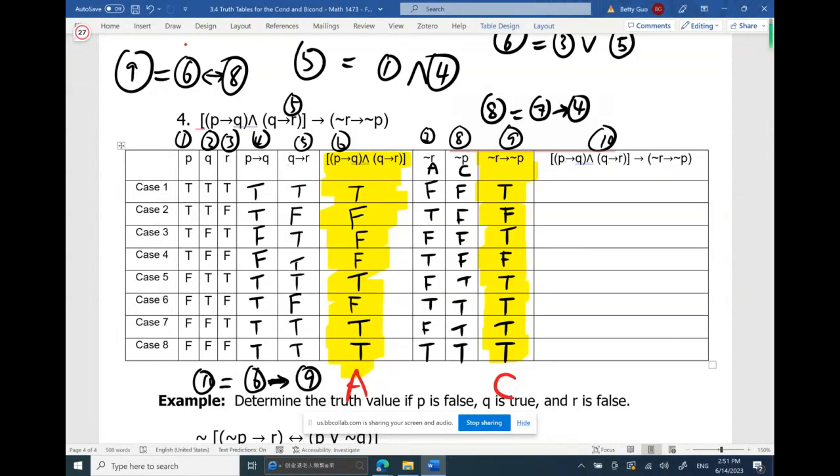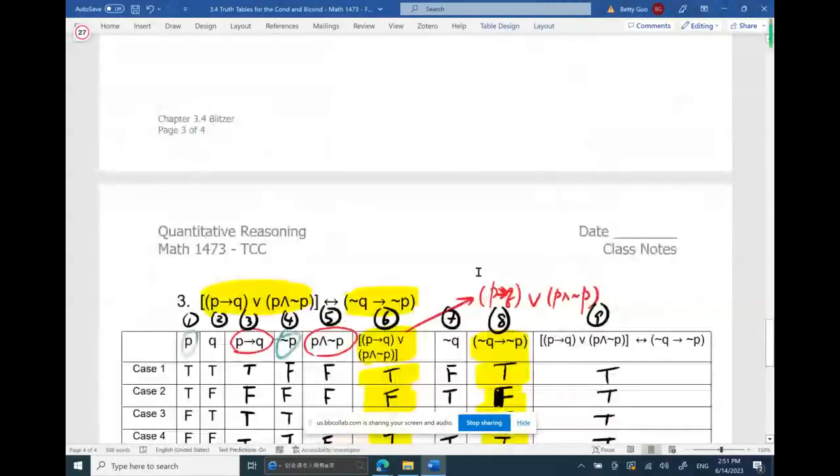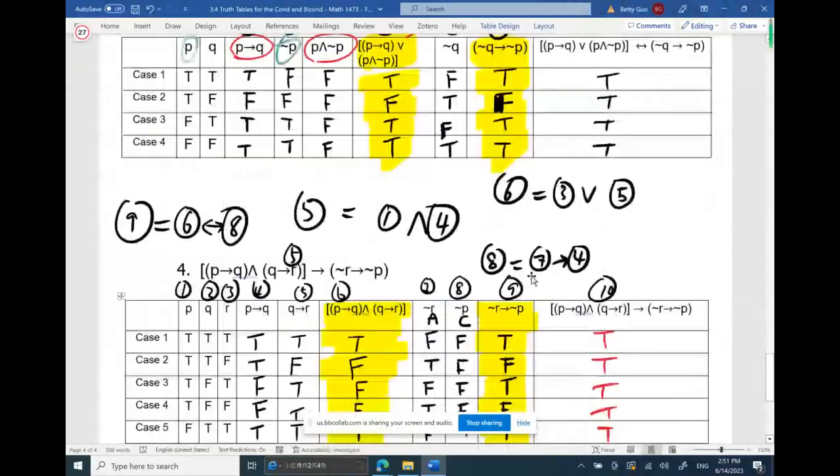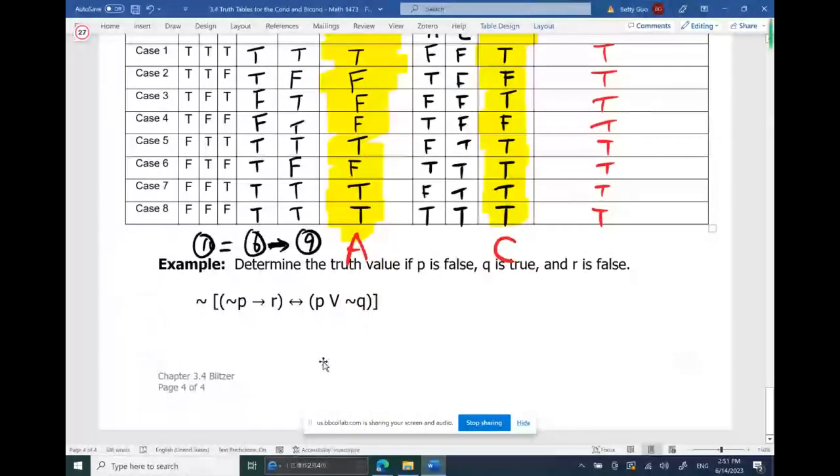Let me go over again. We don't have trusted friends, so they are all temporary: T, T, T, T, T, T, T, T. Because we do not have trusted friends, we do not have forever. They are all temporary. So this is a tautology, right? And it's a conditional tautology. What is that called? Implication.